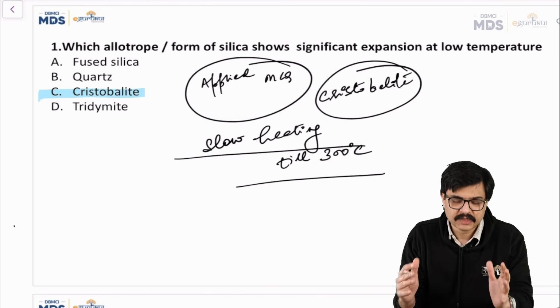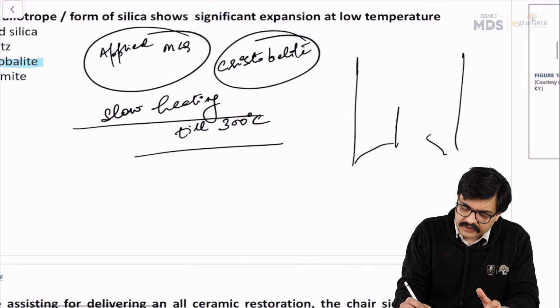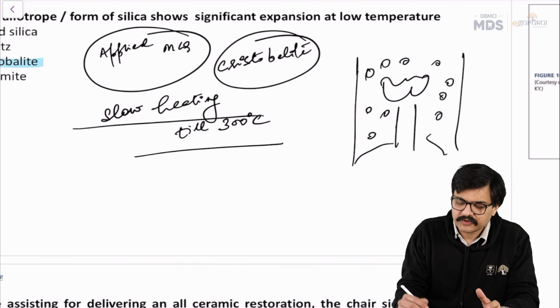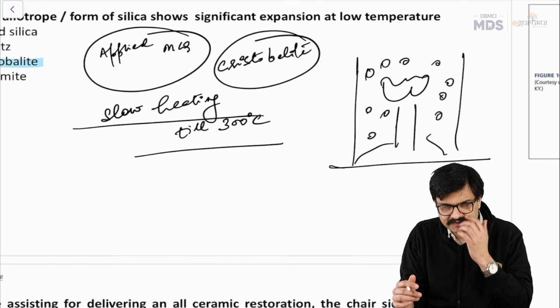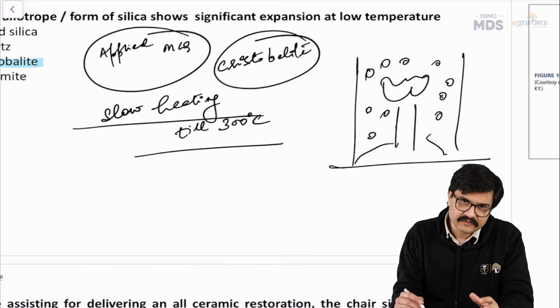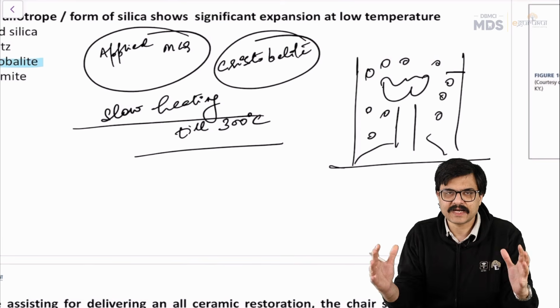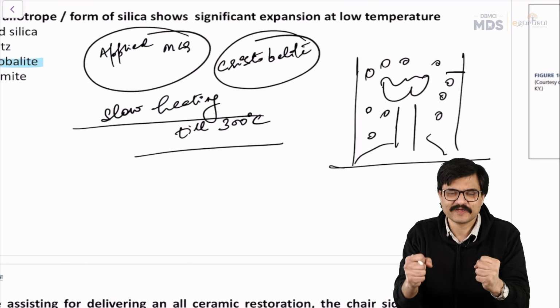When you heat up this assembly, so you have this crucible base former, you have this sprue pattern, you have this wax pattern, right? And you have it surrounded by your investment, right? Now if you are heating up in order to do the wax burnout, if you heat up this cristobalite containing investment very rapidly, especially till a temperature of 300 degrees Celsius, then what's going to happen is the expansion of the outer layers gets restricted by the surrounding rigid metal investment ring.